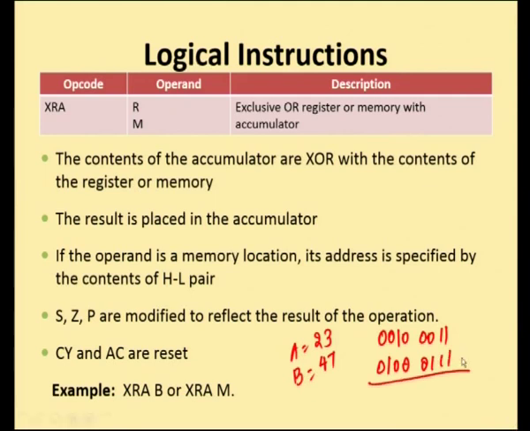In exclusive OR, when both inputs are the same, the output is 0. So, here both inputs are the same, 1, so the output is 0. The next two bits are also the same, so the output is 0. Here 0 1 is a different input, so we get the output 1. Here both inputs are the same, so 0; same input, 0; different input, 1; different input, 1; same input, 0.